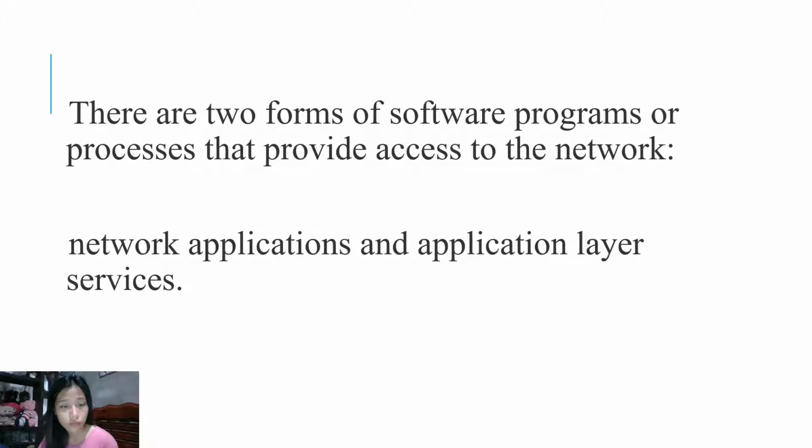There are two forms of software programs or processes that provide access to the network, which are network applications and application layer services. Network applications are software programs used to communicate over the network. Some end user applications are network aware, meaning that they implement application layer protocols and are able to communicate directly with the lower layers of the protocol stack.